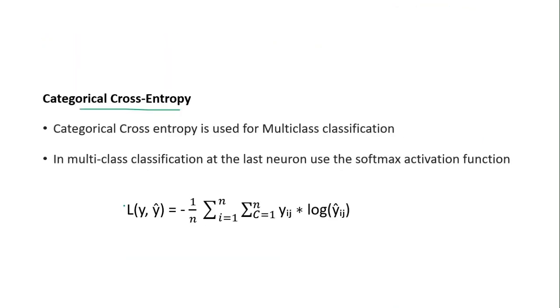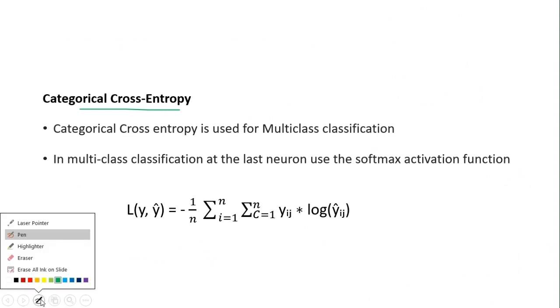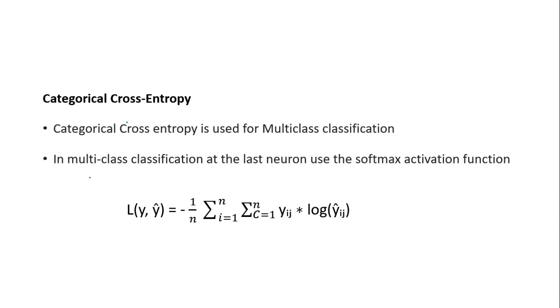In that scenario, we can use categorical cross entropy. Categorical, because different categories are there. If multiple classes are available, then as I said, the activation function we will be using is softmax instead of sigmoid.